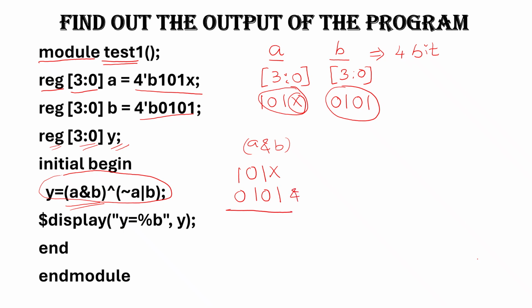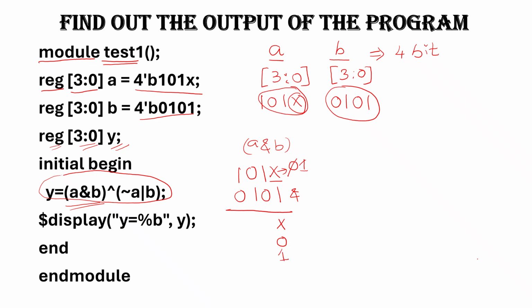Now you apply the AND operation. It's a don't care value. So X and 1, the result is X. How? Let me consider X value is 0. So 0 and 1, the output is 0. Suppose X value is 1. 1 and 1, the output is 1.